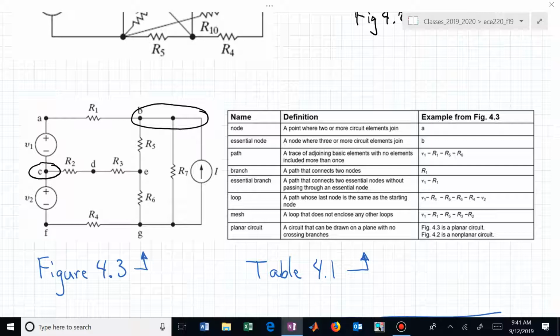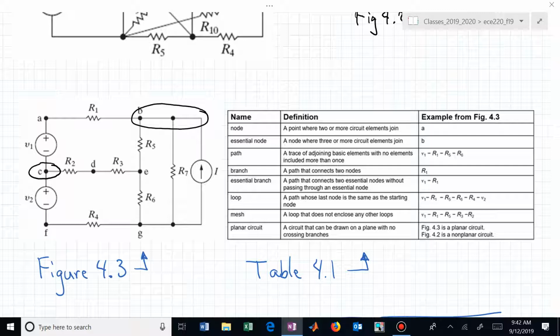Do you see why it's not essential? We could effectively replace R2 and R3 with one resistor labeled as R2 plus R3. So we could effectively eliminate D if we wanted to.